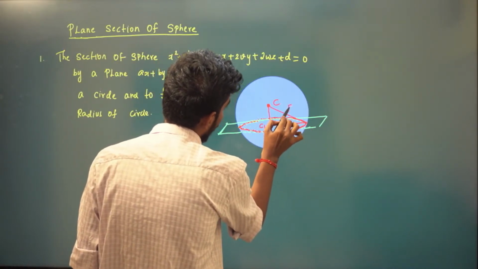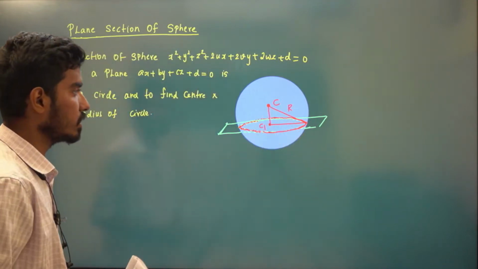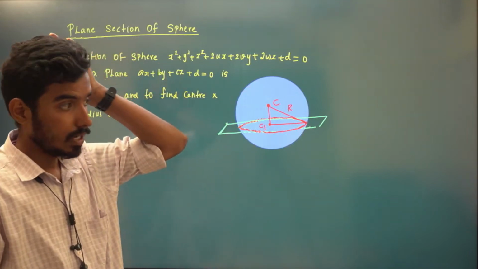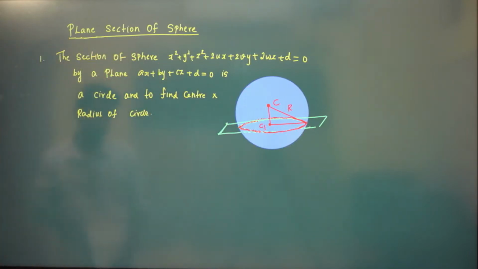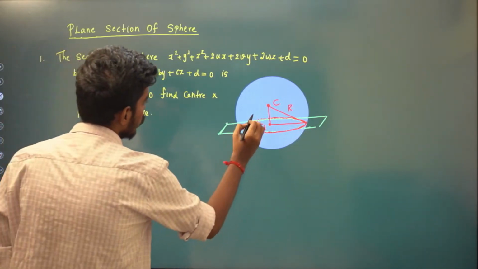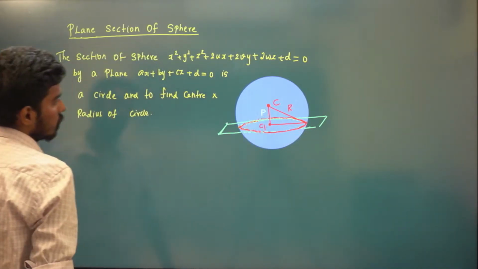This is capital R, the radius of the sphere, because if I connect any point P to C, you will have the radius of the sphere.